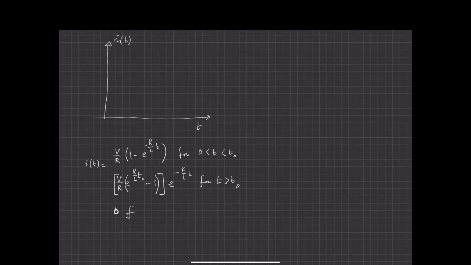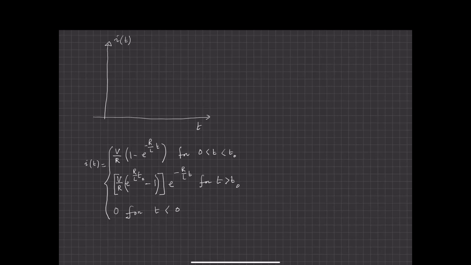And of course it is 0 for t less than 0. So this is my solution, and now I want to plot this function for 2 cases.